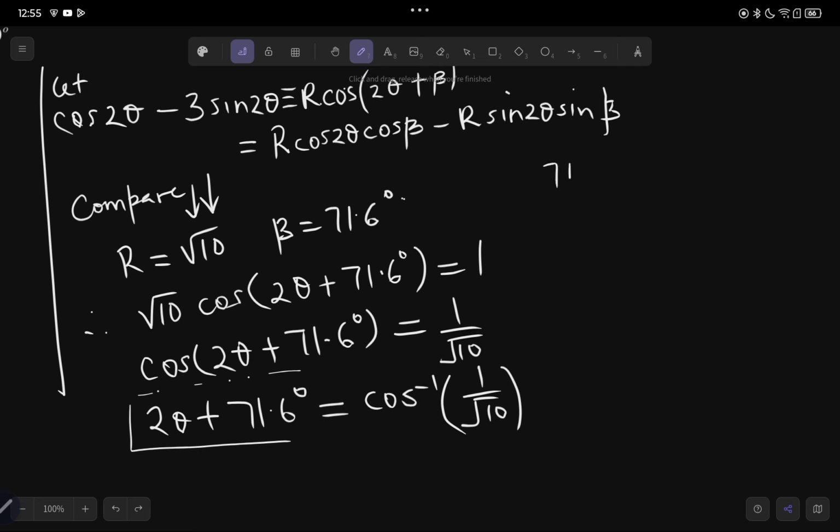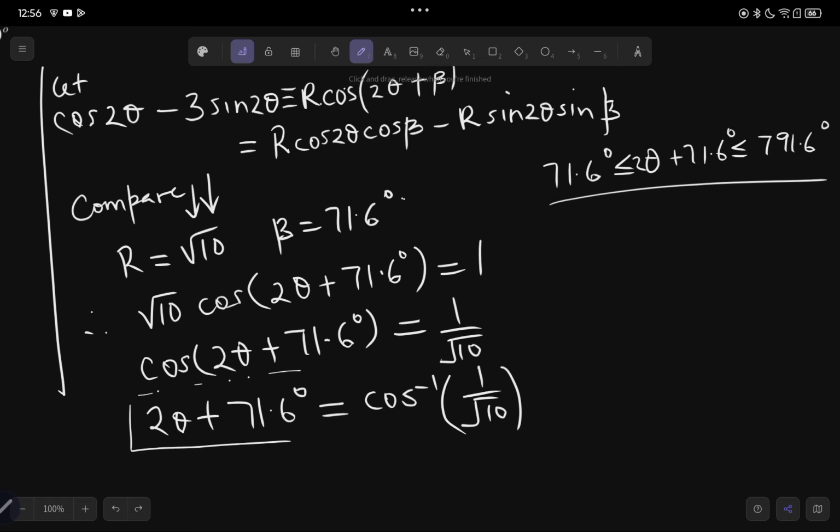So we're dealing with 71.6 degrees less than or equal to 2 theta plus 71.6 degrees, then less than or equal to. Now, in the place of 360, we shall multiply 360 times 2, we get 720. We add there 71.6 and we get 791.6 as our upper limit. So we shall first find all angles in this range.